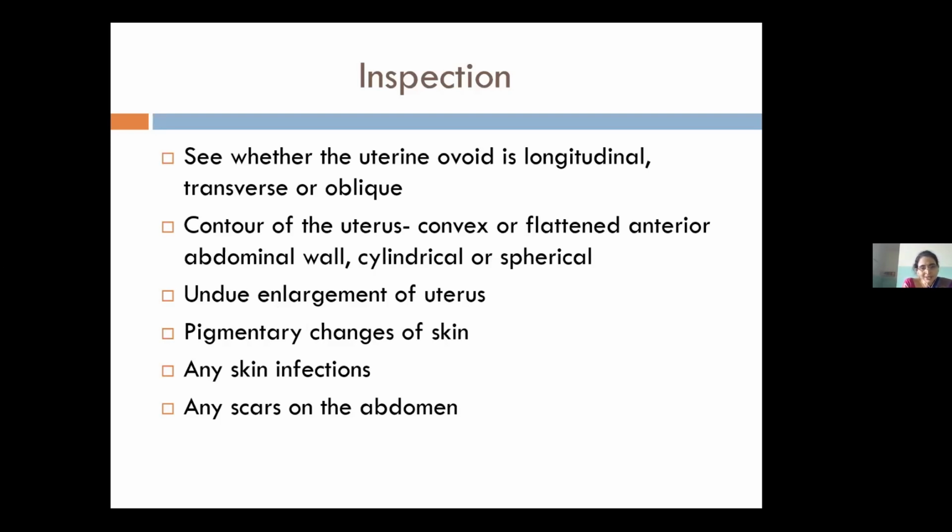But if you see that there is some undue enlargement of the uterus, or the height of the uterus is not corresponding to the period of gestation, or it is very much enlarged on inspection, then you have to note it down. If there is any multiple gestation or polyhydramnios, the height of the uterus is more than the period of gestation, and you can see the enlargement. The skin also will be glistening if there is undue enlargement.